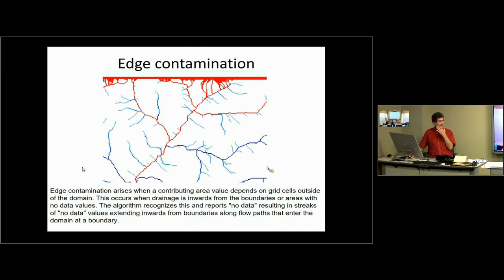This is one of the things that I get a lot of questions about, because people say, oh, I've calculated my flow accumulation and the values are 0 right along where I've got a stream. That's the most likely place for it to occur, because if you've got any flow coming in from outside, it's always going to accumulate in the stream.